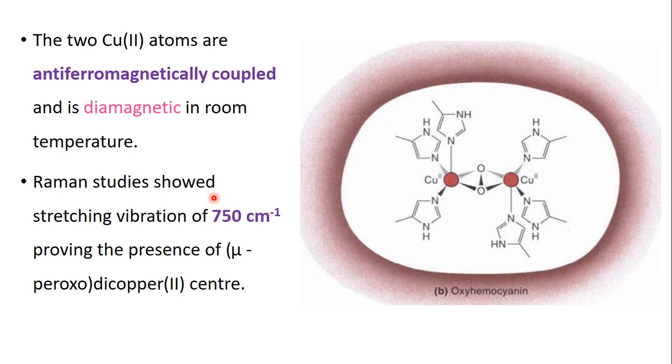This shows that the bond strength is even weaker than the free O2 2- species, maybe because of the bonds with the metals. This O-O bond is very long, the length is very high, and hence the bond strength is very low. And we can name this center a mu-peroxo dicopper(II) center.